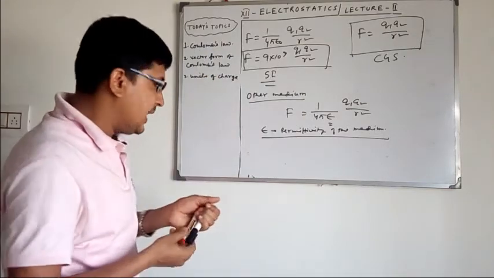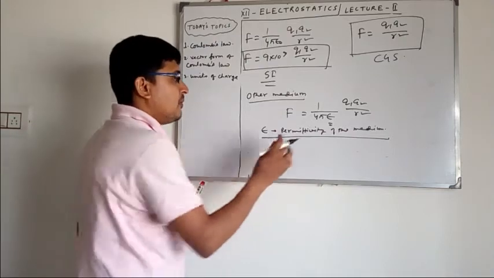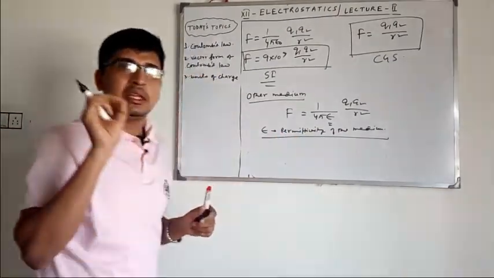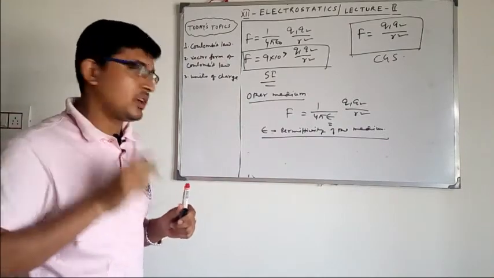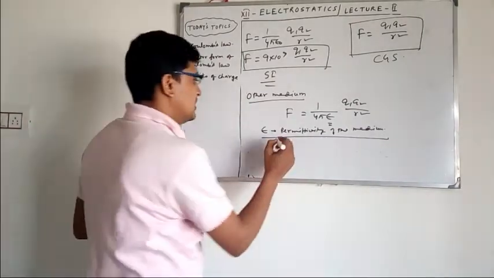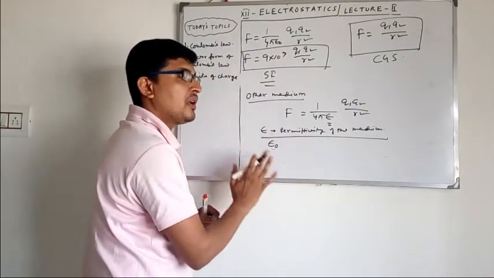And one more thing, that is epsilon, the value of permittivity, this is very important, please note it, that value of permittivity epsilon 0 has the minimum value.